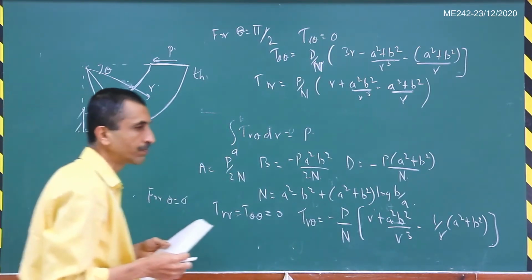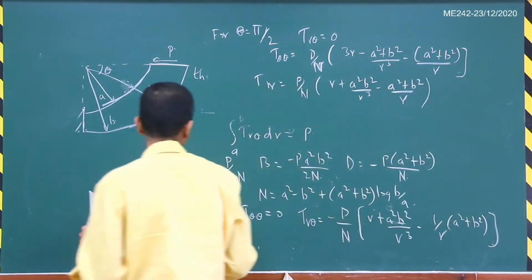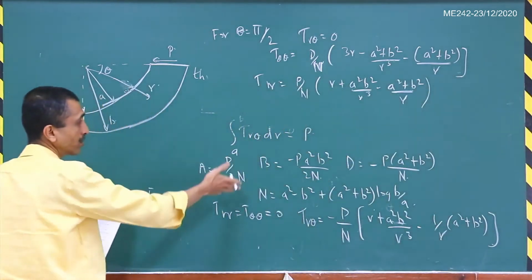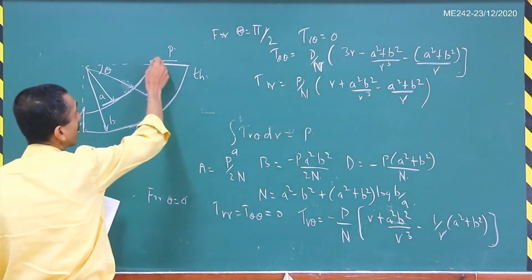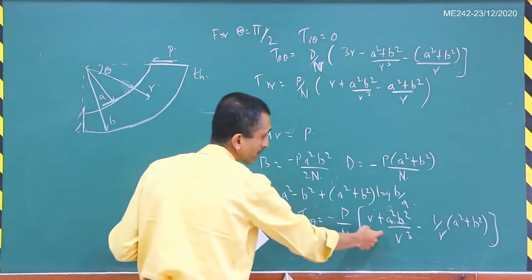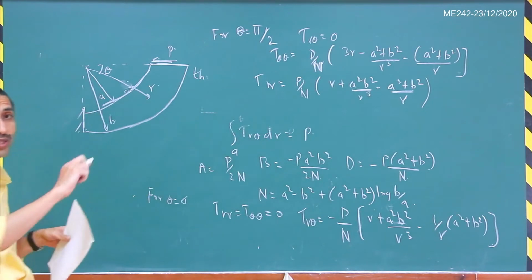So you have to apply the tractions according to this particular distribution. At theta equal to 0, you have to apply this traction according to this particular distribution. Only then will this whole thing be a solution.